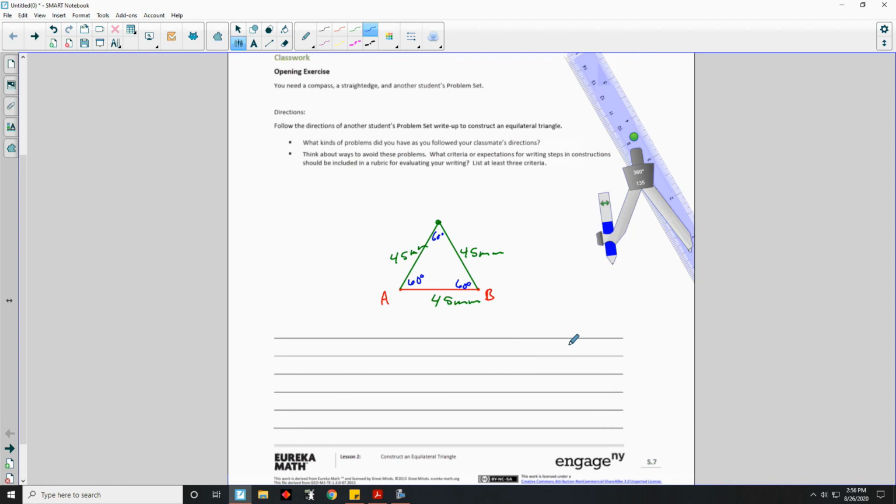So what they're trying to do here is, if you are not able to do this by following your friend's directions, then fix those directions so that it doesn't happen again. Because if you can write directions and someone else follows them correctly and gets the outcome you're looking for, then you're well on your way to doing constructions.